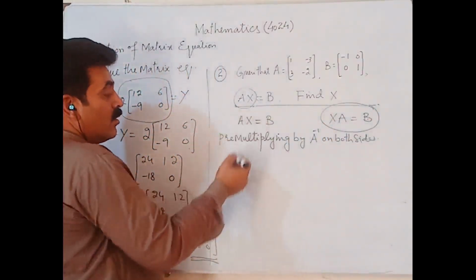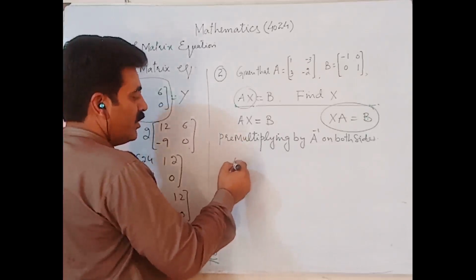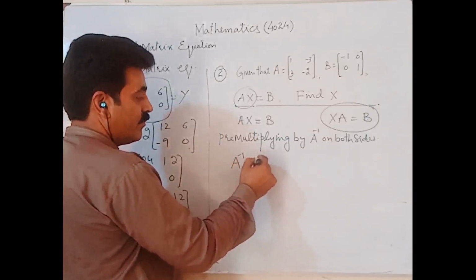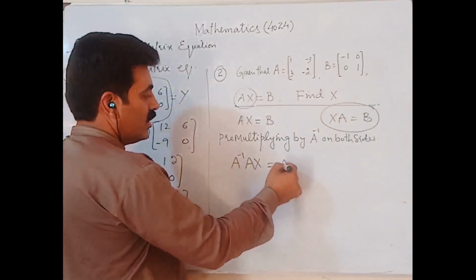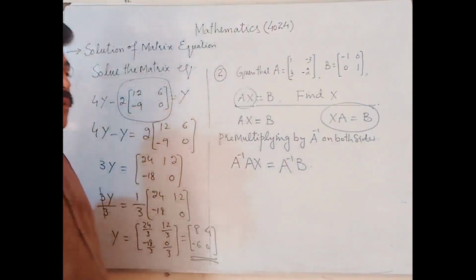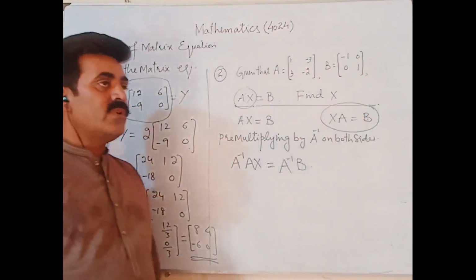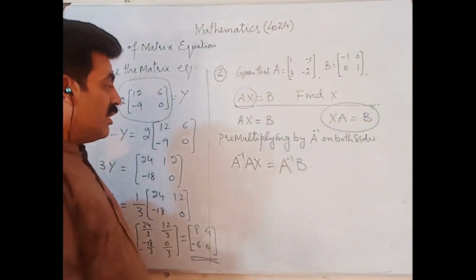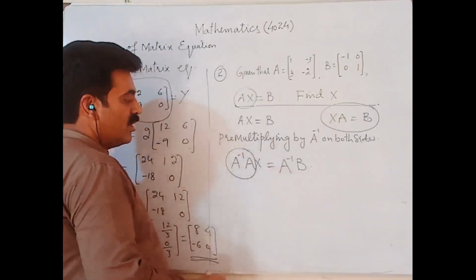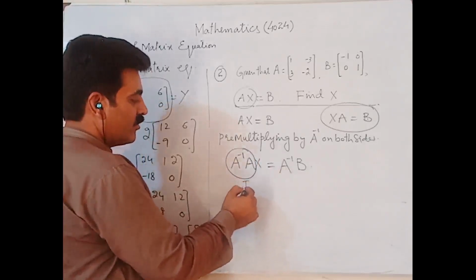So what will be the next step? Pre-multiplying: A inverse AX is equal to A inverse B. Next step, I think you are aware, A inverse into A will become the identity matrix.